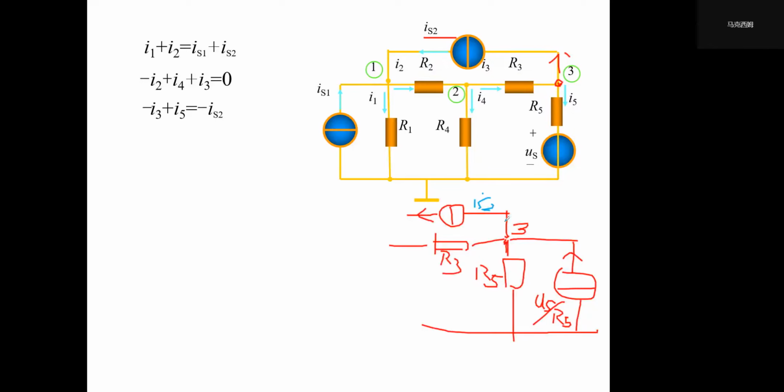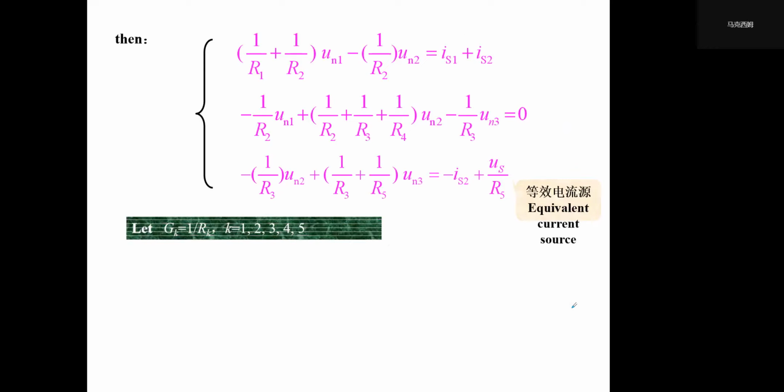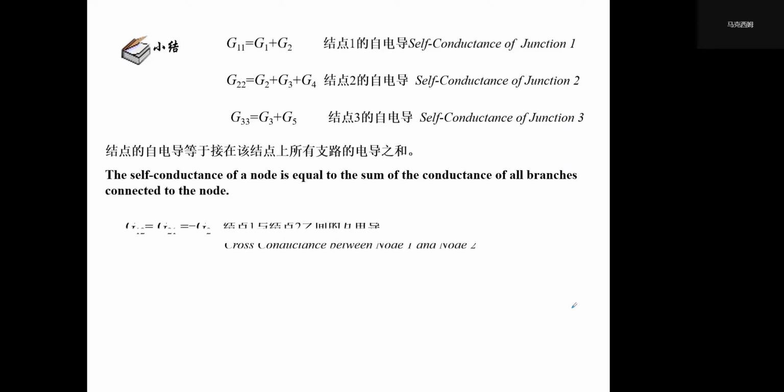IS2 flows out, and US over R5 flows in. So this is it. This is the combining of all the current sources, all equally transformed to current sources.